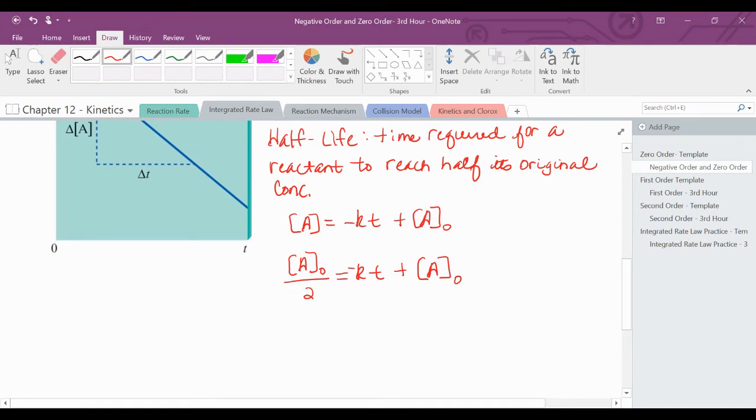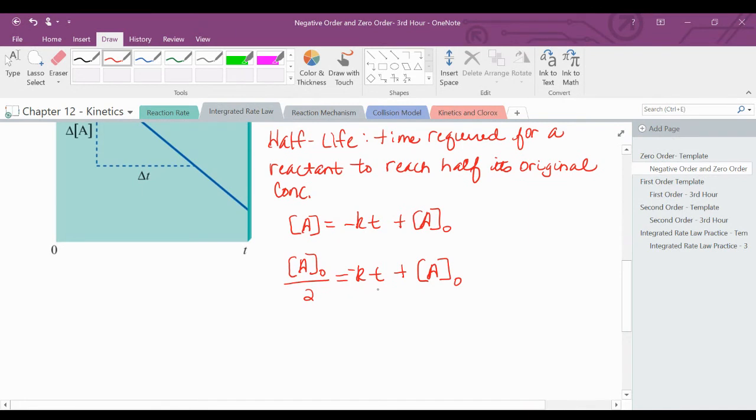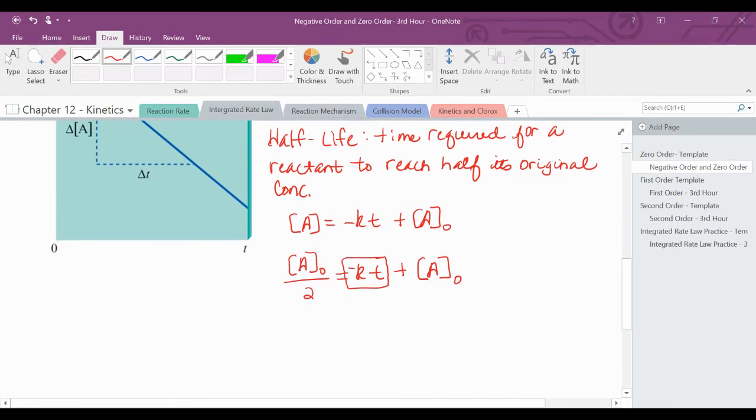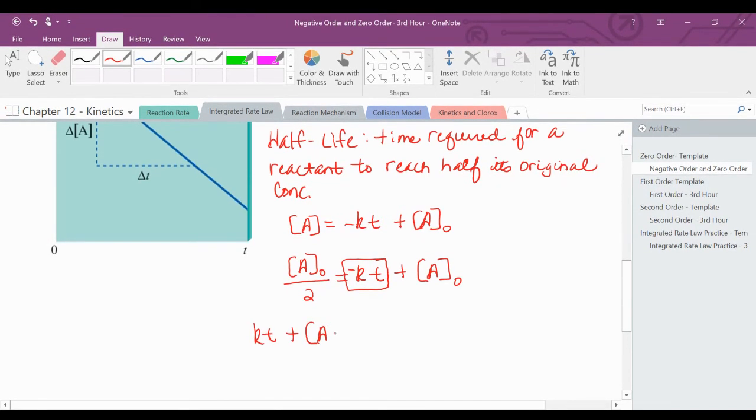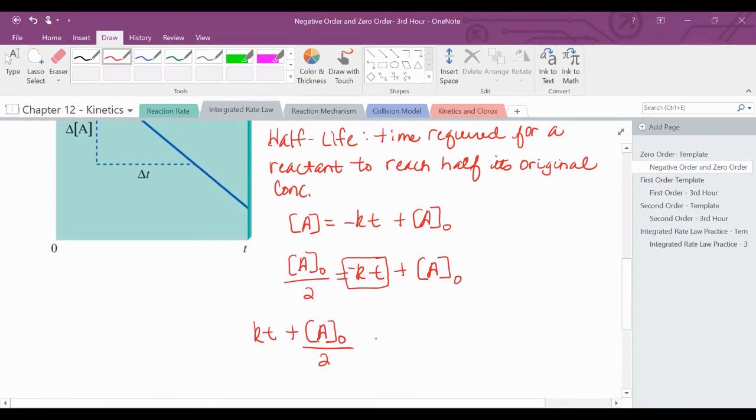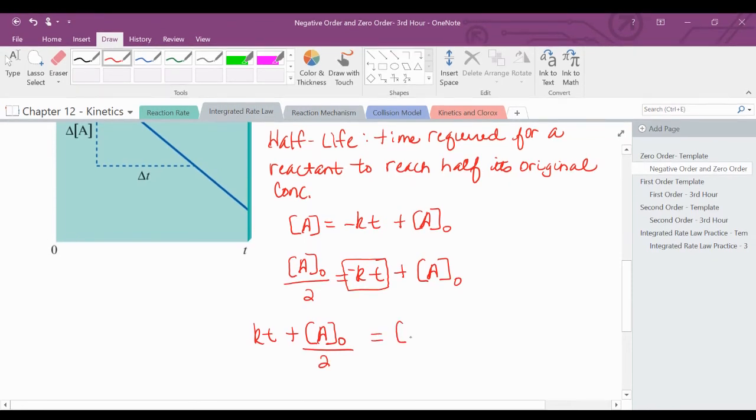And I want to do some movement around of our equation. First of all, I would like us to move this kt to the other side, because by doing so, we get rid of our negative sign. So let's do that move first. So then we have kt plus [A]initial over 2 equals.